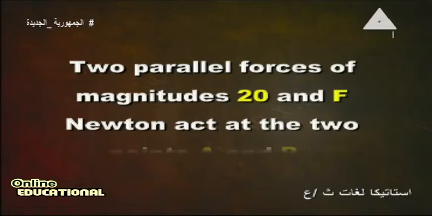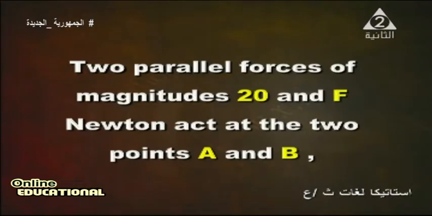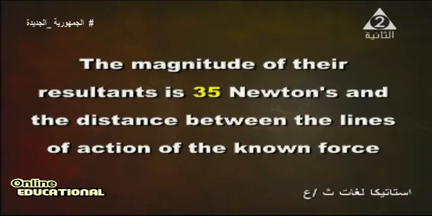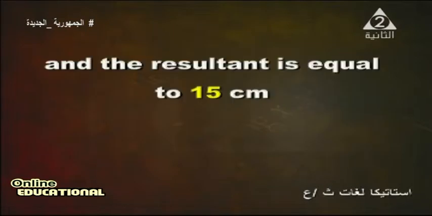Look at this example. Two parallel forces of magnitudes 20 and F newtons act at the 2 points A and B. The magnitude of the resultant is 35 newtons. The distance between the lines of action of the known force and the resultant equals 15 centimeters.